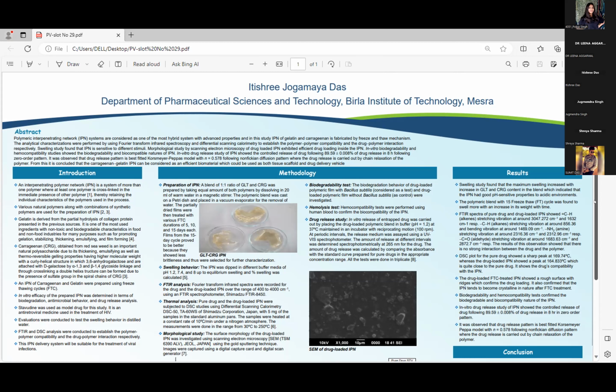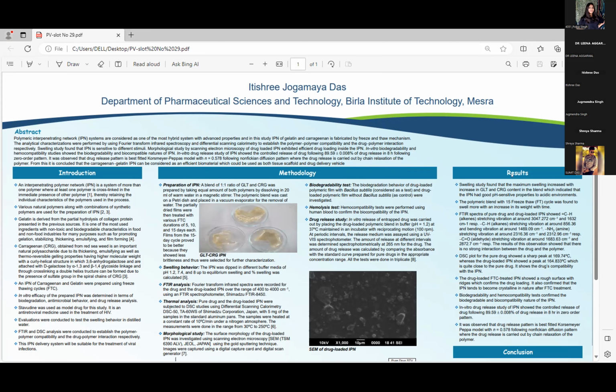Once a homogeneous mixture was formed, I went for drying. I semi-dried the formulation, then cast it over a petri dish, and waited for the freeze and thaw for 5, 10, and 15 days.